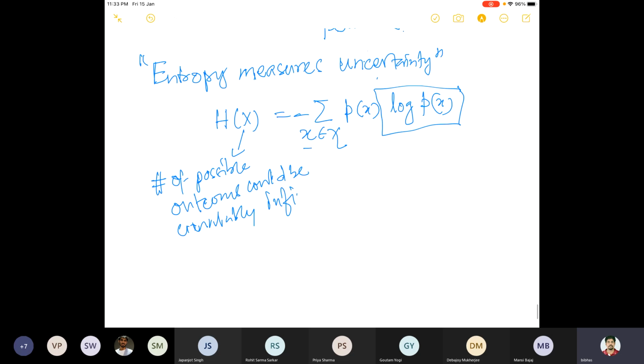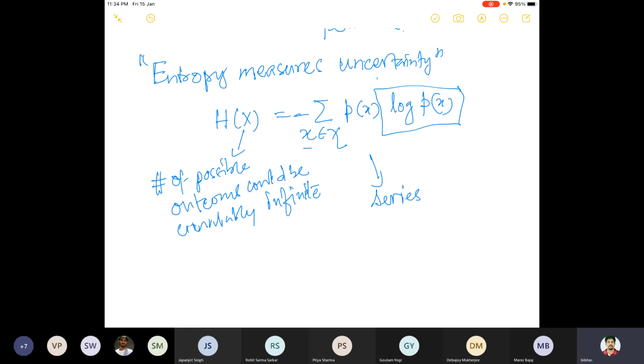In that case this sum is an infinite sum, so this is a series. Then entropy exists means this series has to converge. So the question is, does this series always converge? That's a bigger question, because it means whether this is a valid definition or not. Does anybody have any clue whether this will always converge, whatever p of x we define for any countably infinite sample space?